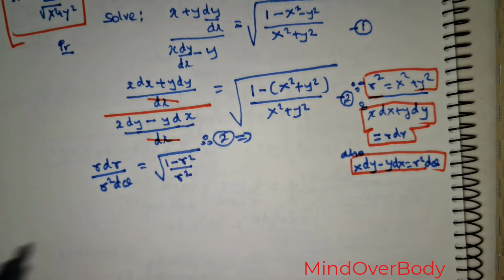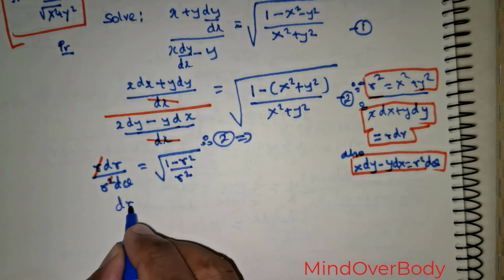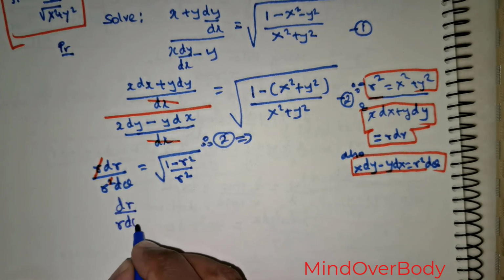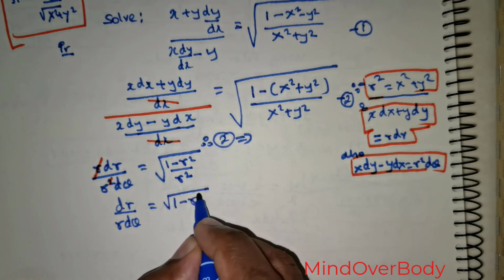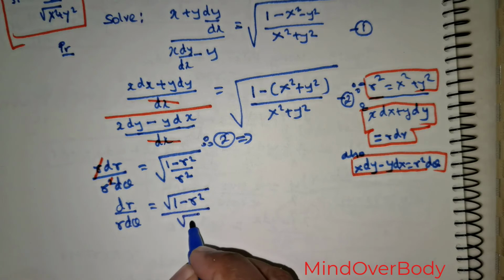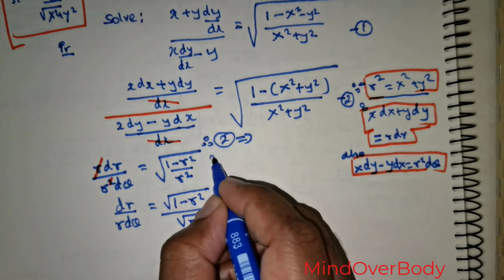So clearly I can cancel an r and an r here, so this is going to give me dr over r times d theta. This is equal to root of 1 minus r squared divided by root of r squared.